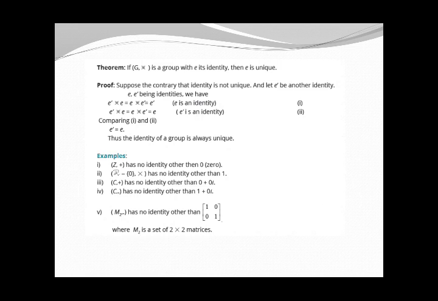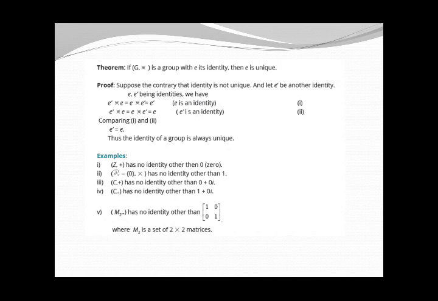If E dash is multiplied by E, the answer is E dash. Here the identity is E, and if the identity is E dash, the answer is E, but both are the same because both are identities, therefore the identity is unique.